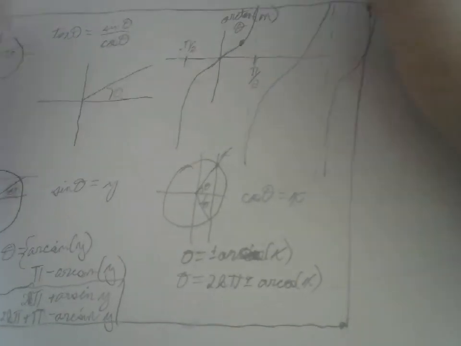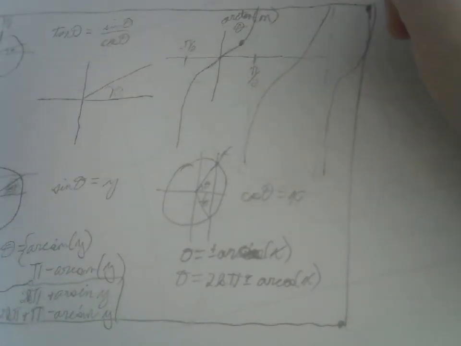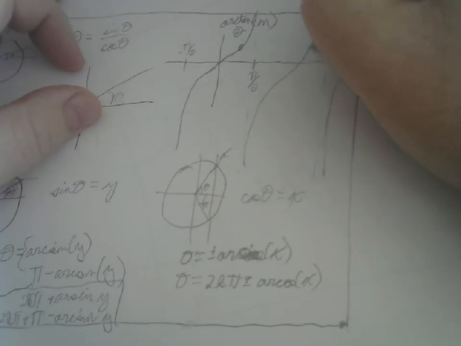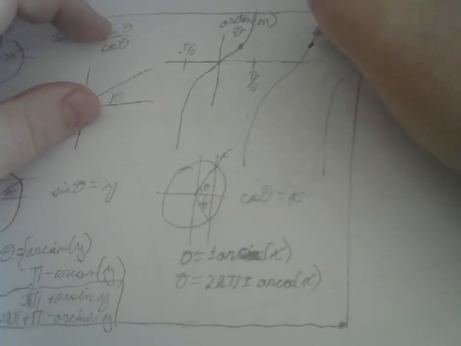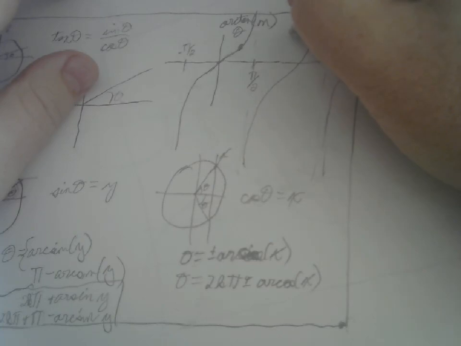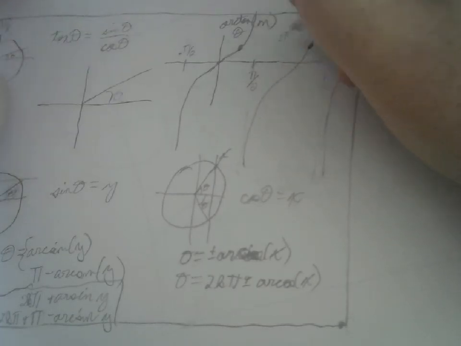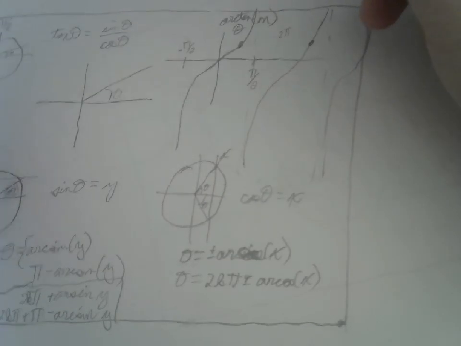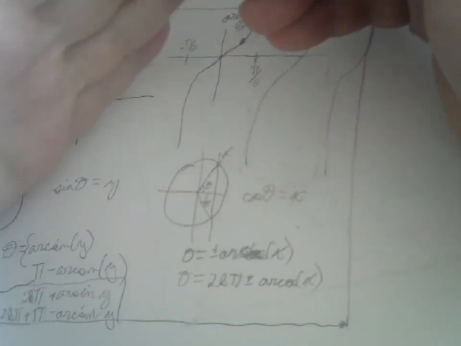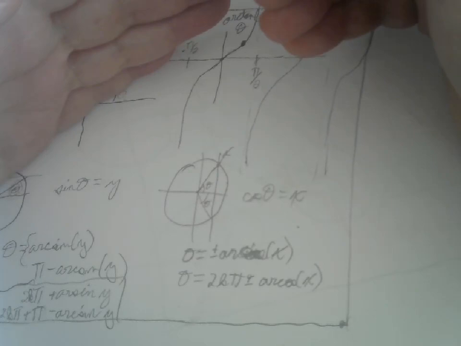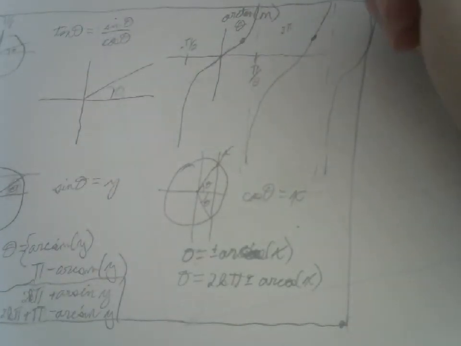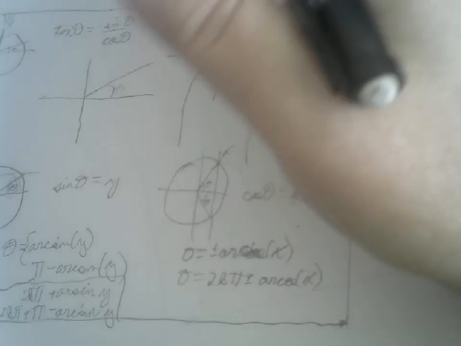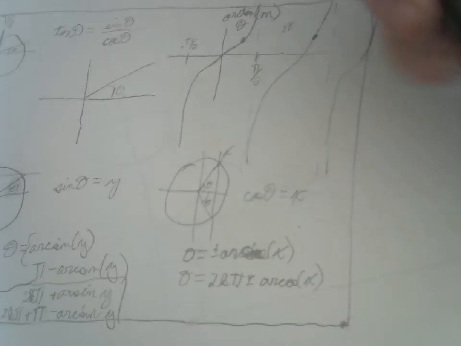Arctangent of m being the delta y over delta x. Then the next one is just, no, it is pi.